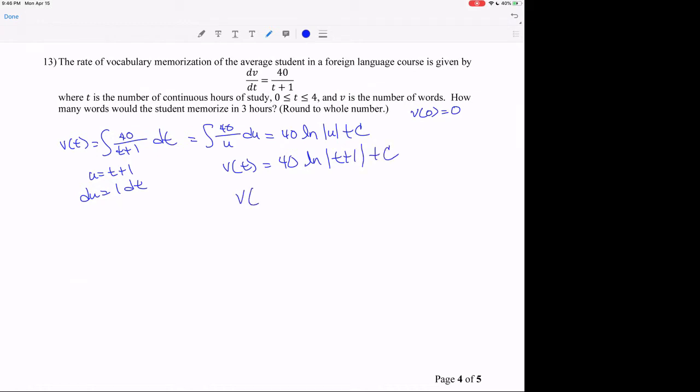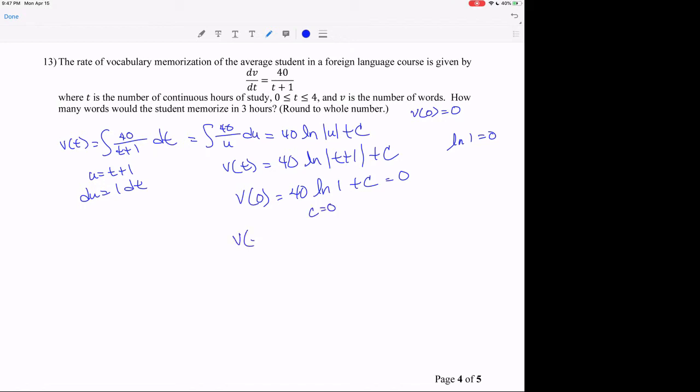And I know that v of 0 equals 40 ln of 1 plus c. Well, the natural log of 1 equals 0, so that tells me that c equals 0.